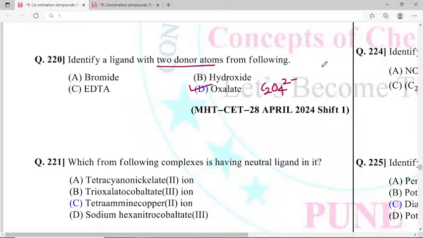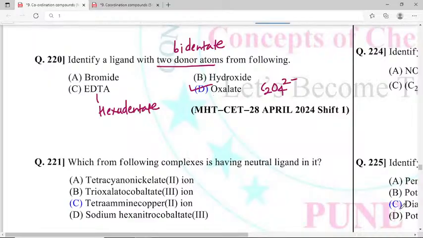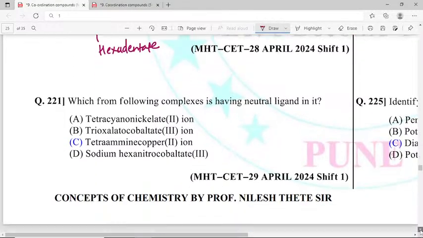Oxalate contains 2 donor atoms because it is a bidentate ligand. Bidentate ligand contains 2 donor atoms. EDTA is hexadentate ligand. Bromide and hydroxide are monodentate ligands.